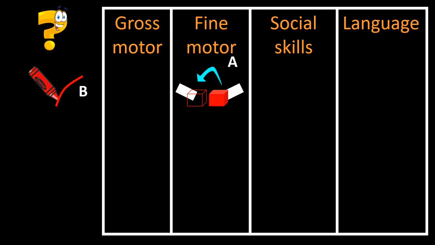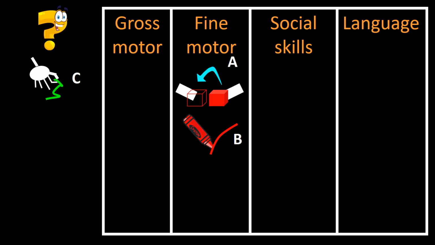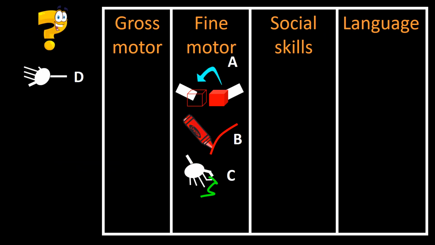Drawing a line with a crayon is also a fine motor milestone. The third option is use pincer grasp. Using pincer grasp is also a fine motor milestone. And the fourth option is open hand spontaneously. Opening hand spontaneously is also a fine motor developmental milestone.